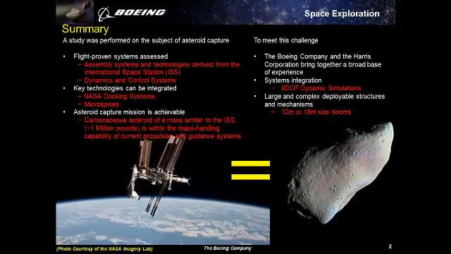If we choose a mission to an asteroid with a mass of 1 million pounds, this is equivalent in mass to the International Space Station, and it is well within the capability of propulsion and guidance systems to control it and redirect it.